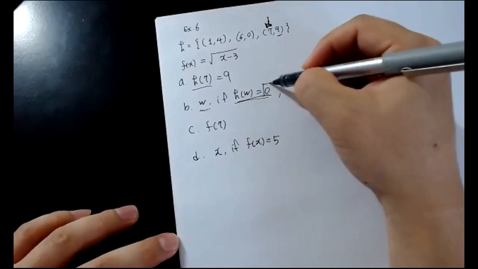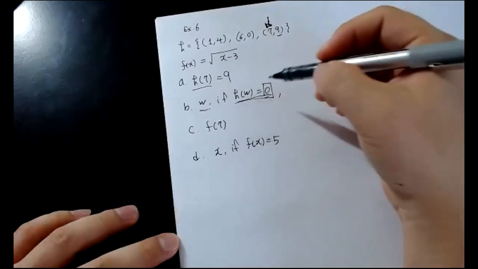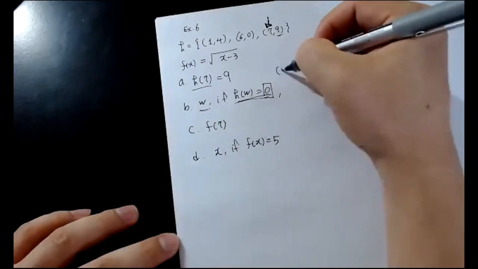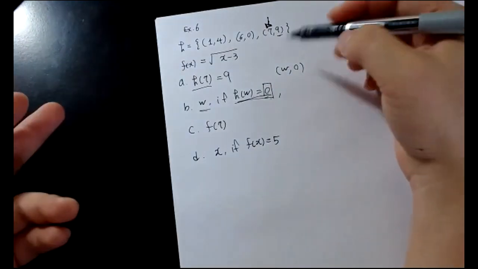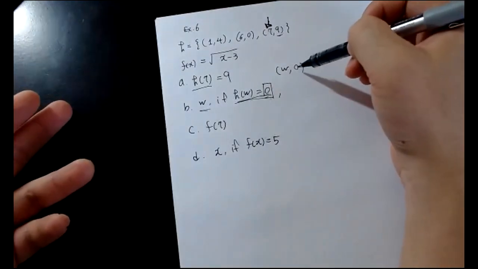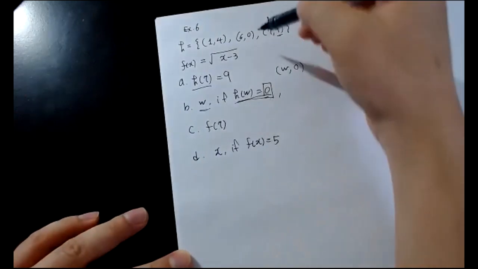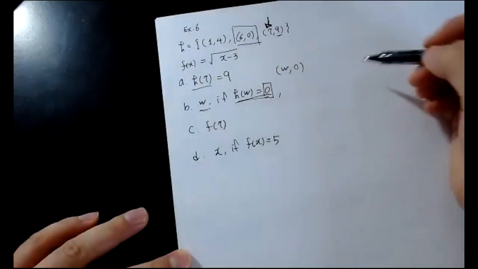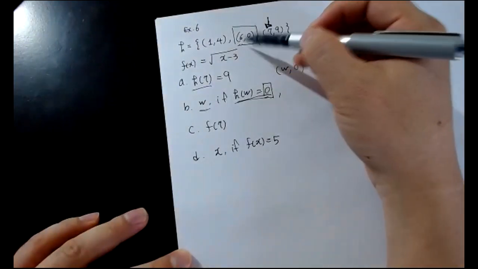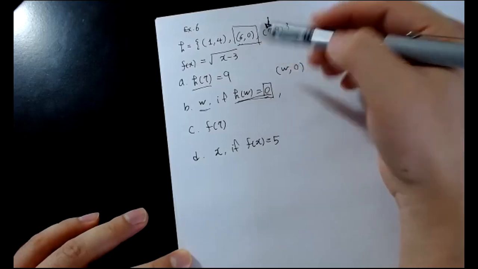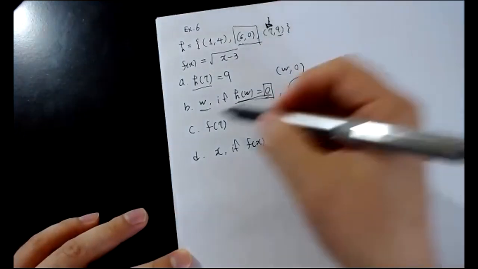So 0 is the y value, and W is the x coordinate corresponding to 0. Look at the second ordered pair in H: its y coordinate is 0. So W must be 6.